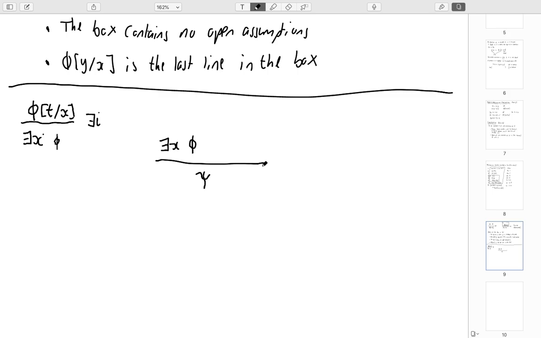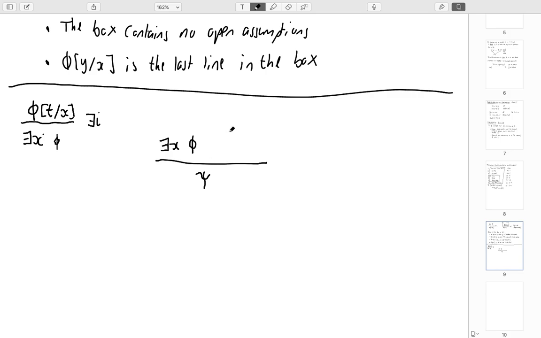We can conclude psi if we can derive psi from phi holding for an arbitrary value of x. If no matter what value phi holds for, we can conclude psi from that, then that's enough to conclude that psi follows from there exists an x such that phi.